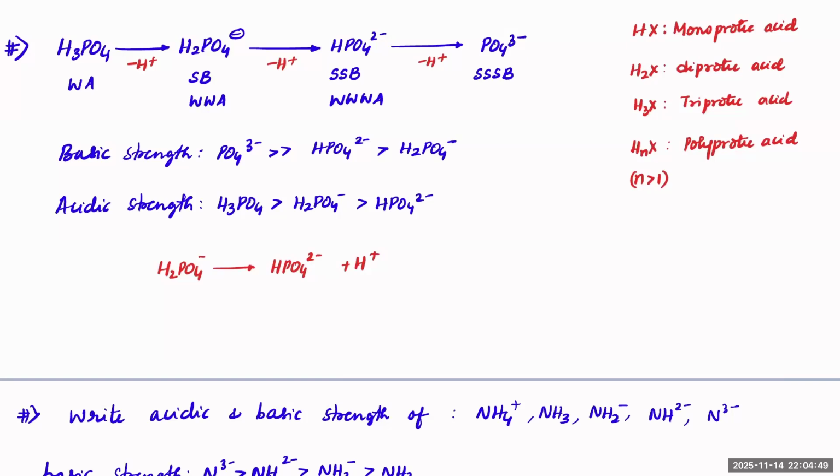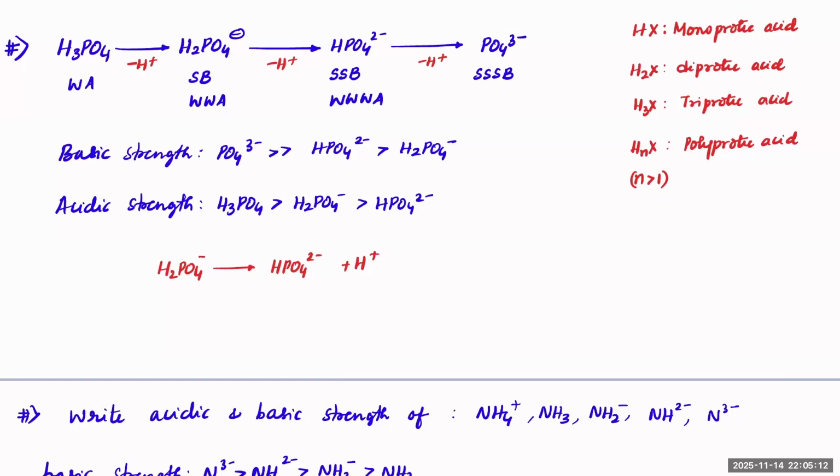And imagine if it has somehow lost H plus and we have generated HPO4 2 minus. Now, guys, if you are getting a base from a very weak acid, what should it become? It should become a strong base. So SSB here represents very strong base. Got it?